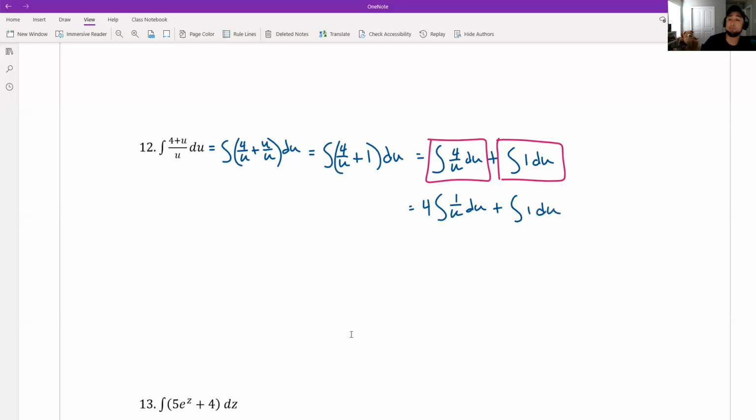So the first one is going to use the natural log antiderivative. So this one looks like the integral of 1 over x dx, which is the natural log of absolute value of x plus c. This one is just the antiderivative of a constant. So this one follows the integral of k dx, which would be kx plus c, of course.